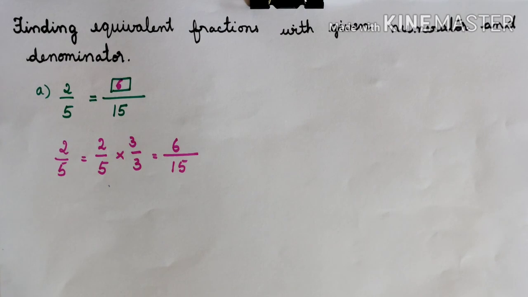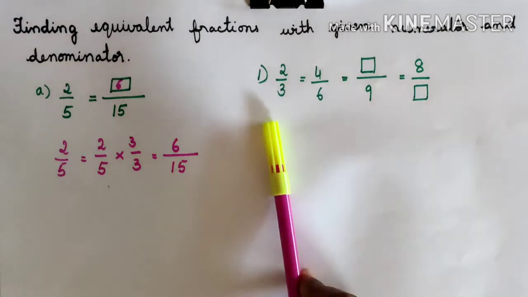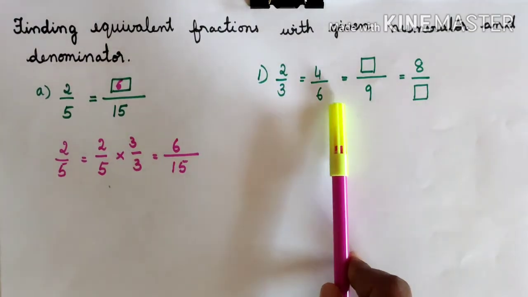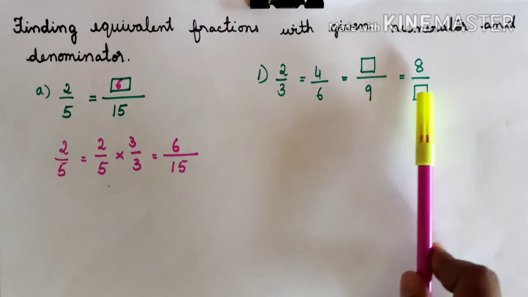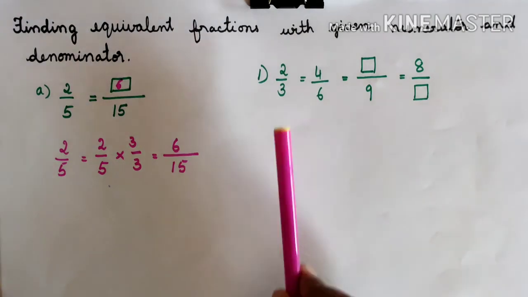We will see one more example. A series of fractions is given here. You can check. 2/3 is equal to 4/6 is equal to dash by 9 is equal to 8 by dash. Now to find the missing fraction, we have to follow the same method. The first one is given, so we are finding the equivalent fraction for the first number.